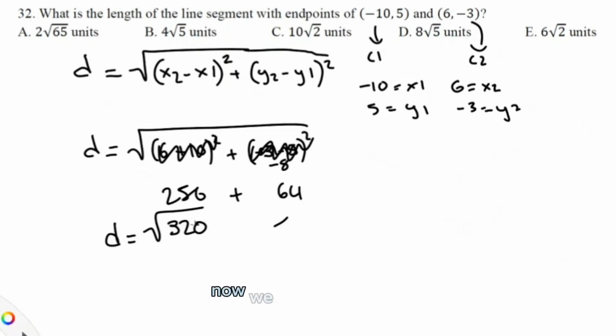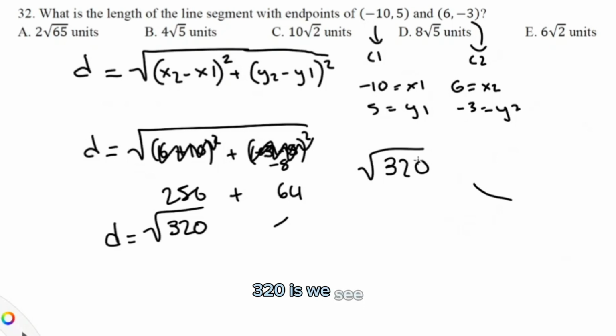Now, we need to simplify this value because the square root of 320 is not the most simple answer we can get. So the way we further break up this square root of 320 is we see the perfect squares that are factors of 320. So for example, 64 times 5 is the same thing as 320.